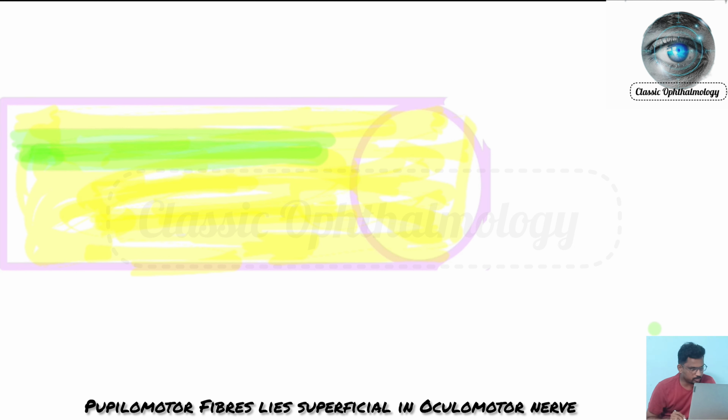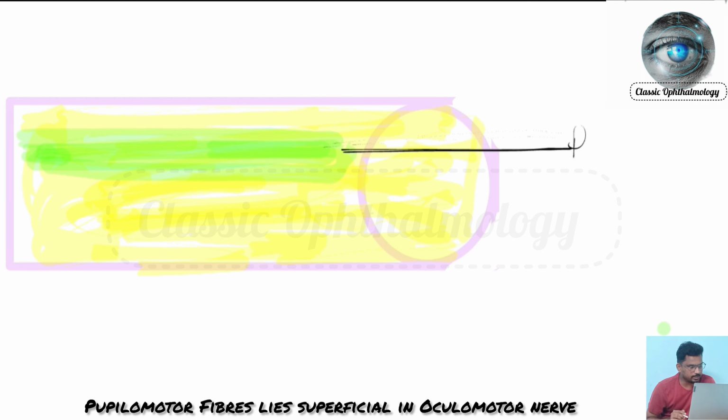Now this is the orbit, this is the oculomotor nerve, and in this the green are the pupillomotor fibers. Okay, and these are located superficially.